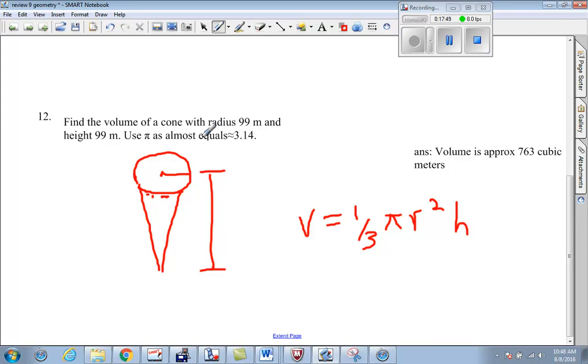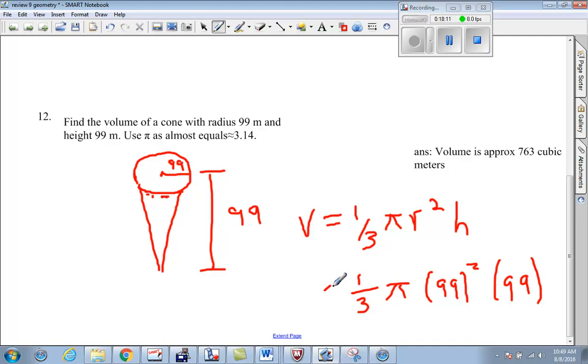Find the volume of a cone with radius 99 meters. I'm just going to fill that in the drawing here. And height 99 meters. All right. So then we're going to have pi times 99 squared times the height, which is also 99, and then eventually times 1/3. Now, that's exact.